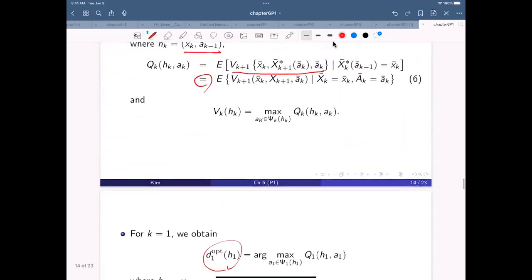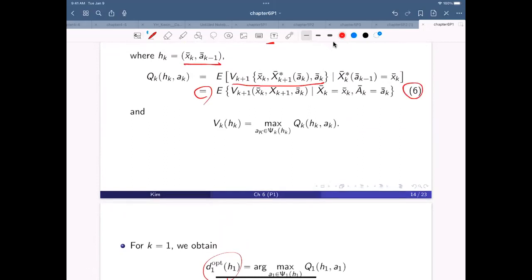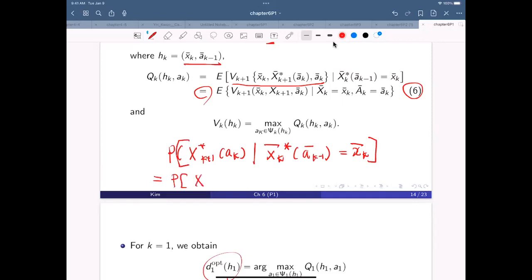Okay, so we are now in a position to show this. What we want to show is the probability of X star k plus 1, given X bar k and A bar k minus 1 equal to their observed values, is equal to the probability of X k plus 1 given X bar k and A bar k.